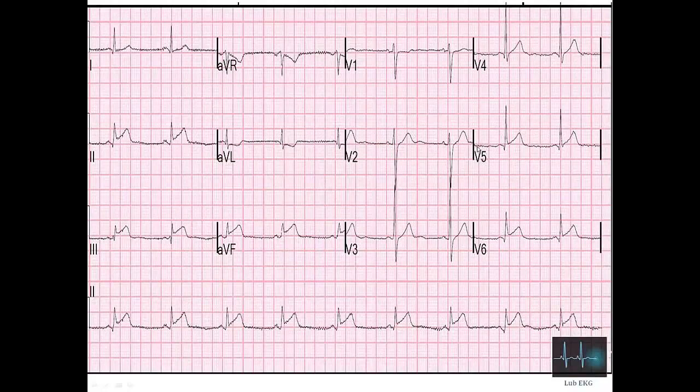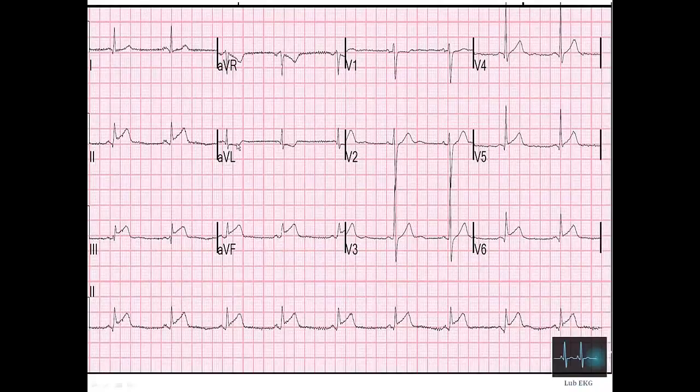Are we seeing any signs of ischemia? With signs of ischemia, we're thinking about ST elevation or non-ST elevations. In 1, no. In 2, clearly you have a ST elevation. In 3, yes.